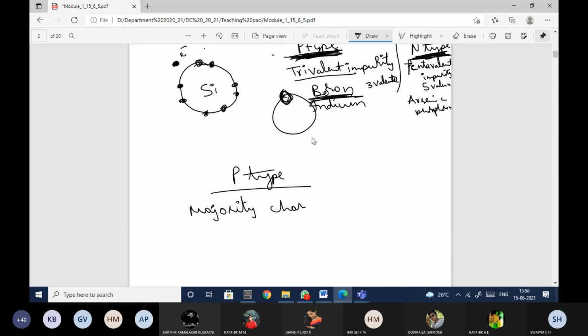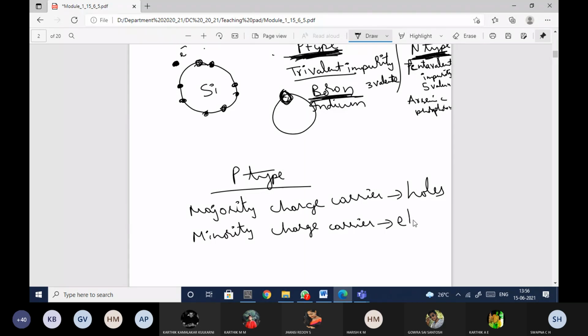Okay, so holes are said to be the majority charge carriers in p-type material. And still, because of the thermal excitation, there may be some minority charge carriers present. Minority charge carriers in the sense, very few charge carriers will be available.